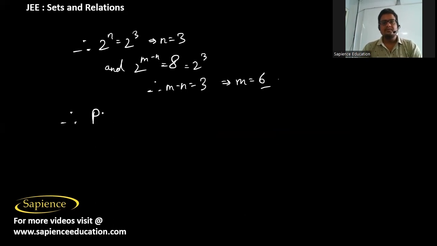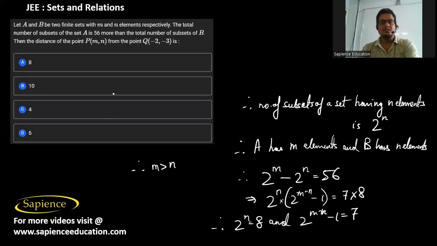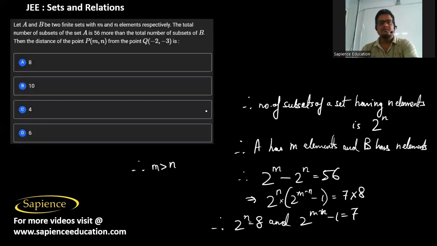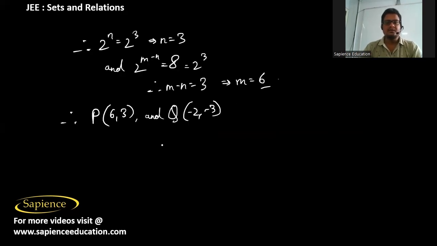So the coordinates of point P is 6 comma 3 and point Q is minus 2 comma minus 3. So you have to find the distance of point P from the point Q, meaning the distance PQ.